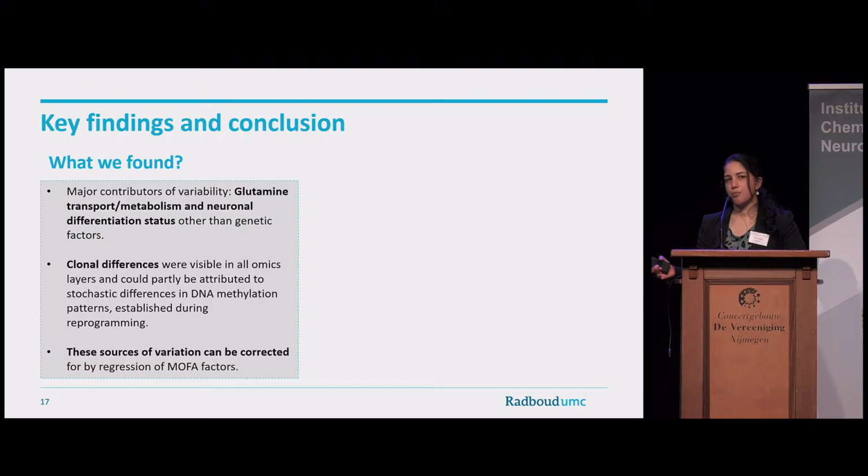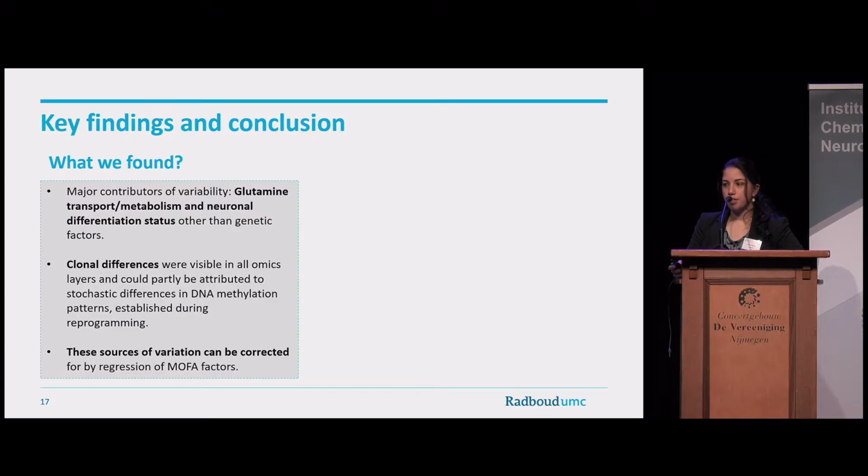I haven't shown you the methylation results here in view of time, but based on our analysis, these clonal differences could partly be attributed to stochastic differences in the DNA methylation patterns, which are established during reprogramming of the iPSC lines. And third, these sources of variability can be corrected by regression of the MOFA factors.